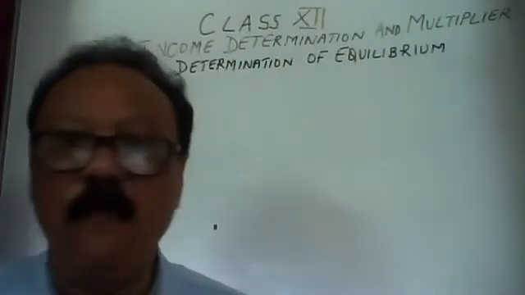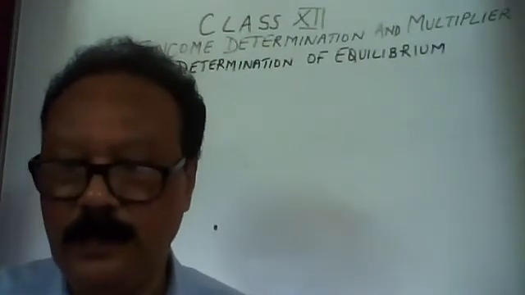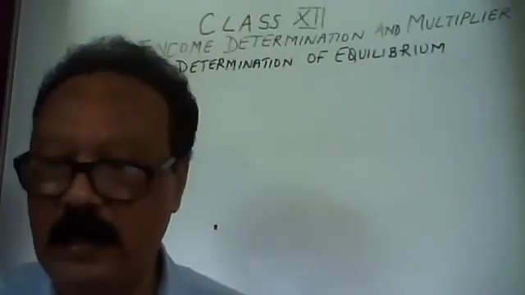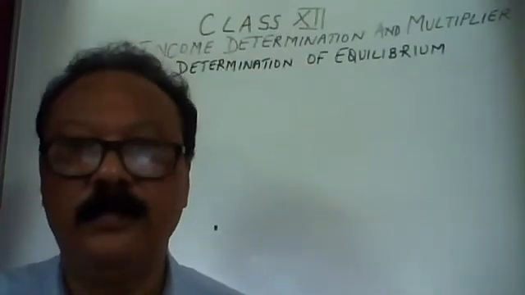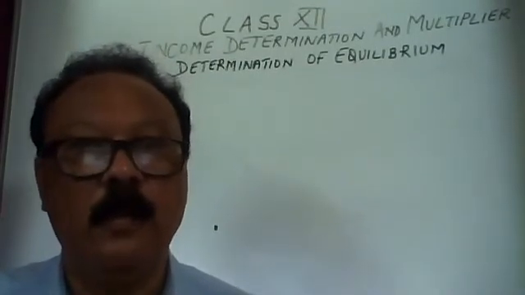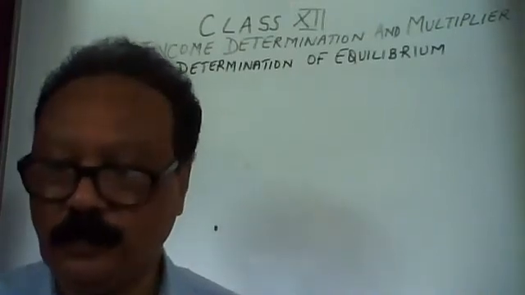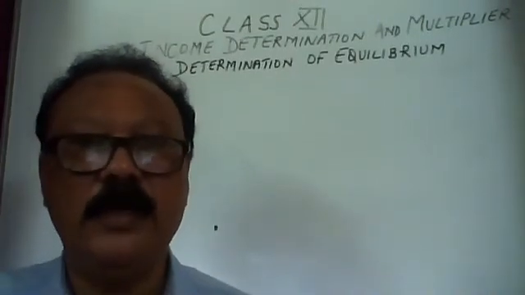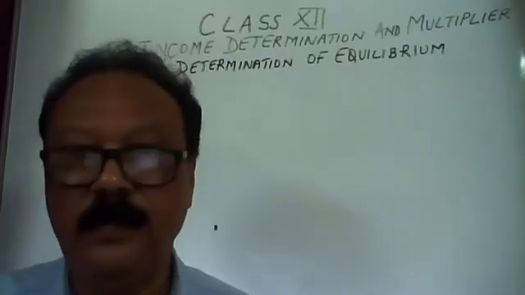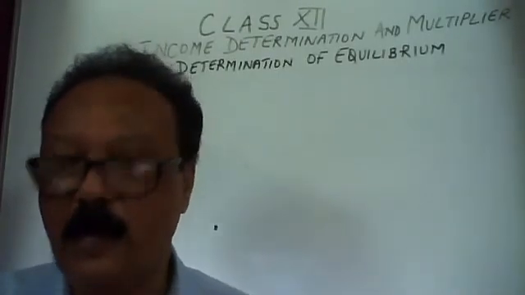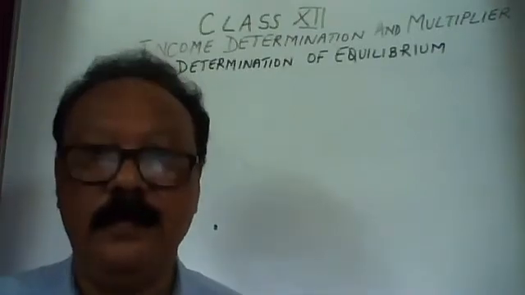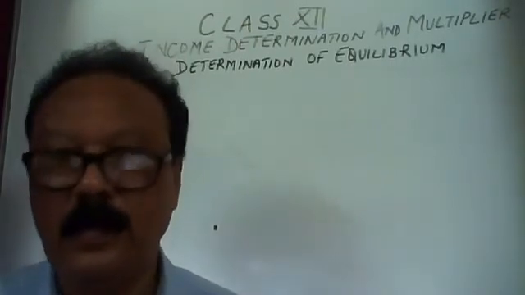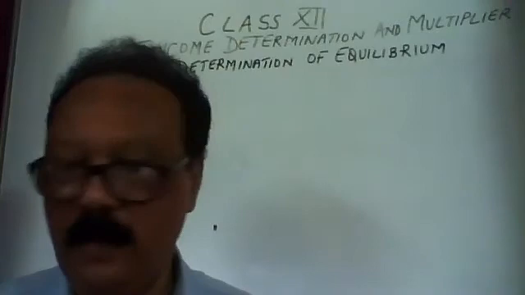Equilibrium level of income and employment, within the brackets output, is determined where aggregate demand, within the brackets AD, is equal to AS.